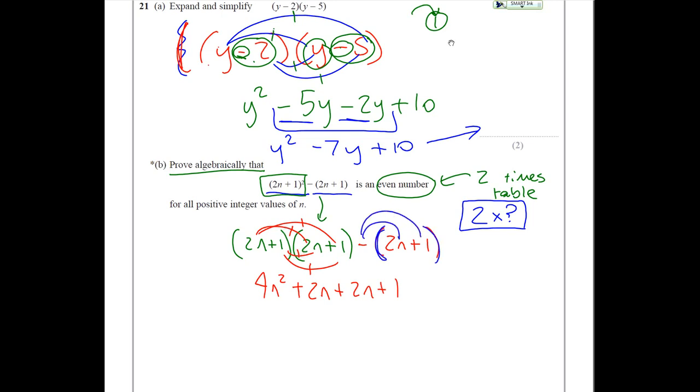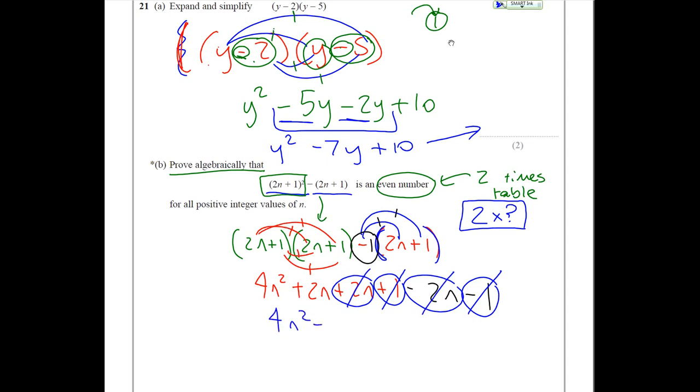To make this easier, you could think of this as minus 1 and times it in, like a half a banana method. Okay, so minus 2n minus 1. So this minus 1 will take away this 1, so they're going to cancel out. This take away 2n will cancel this 2n, so they're going to cancel out. So all we're left with is 4n squared plus 2n.